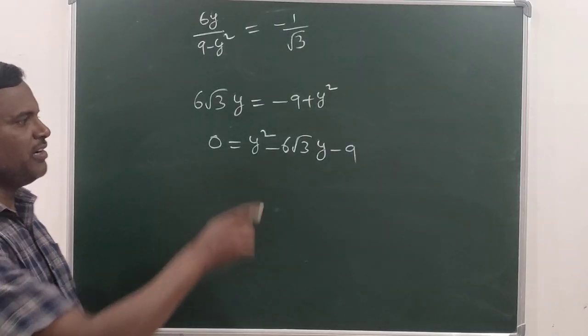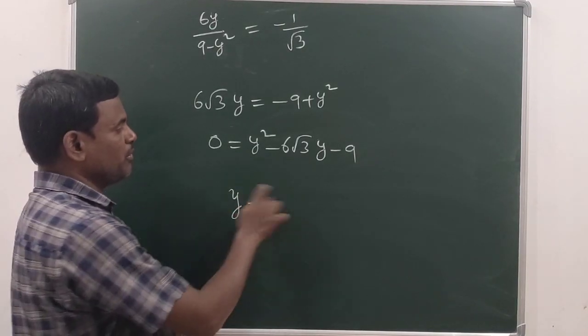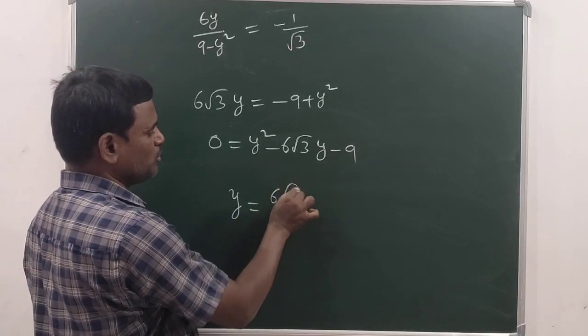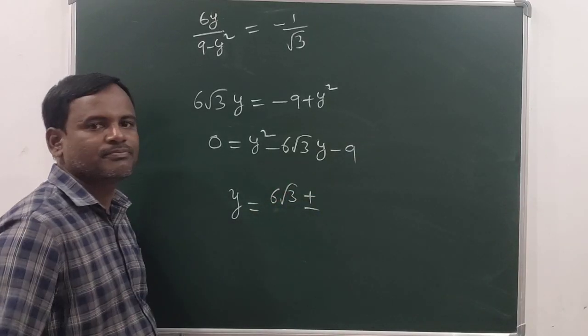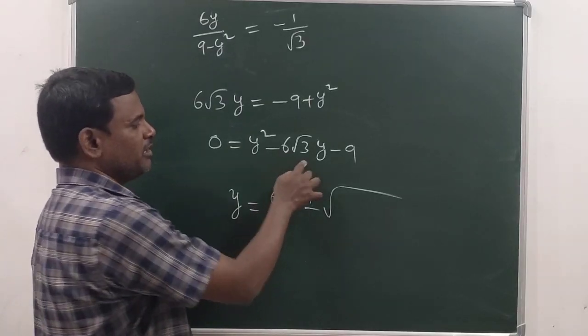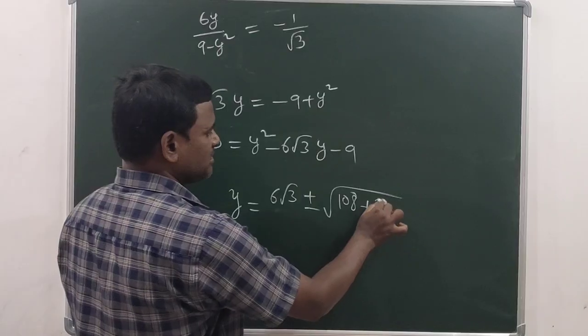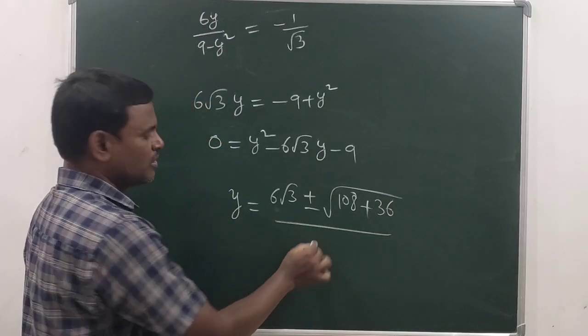Now solve it. On solving this, you are going to get minus b, minus b means 6 root 3, plus or minus root of b square, b square means 108 minus 4ac, plus 36, by 2a.